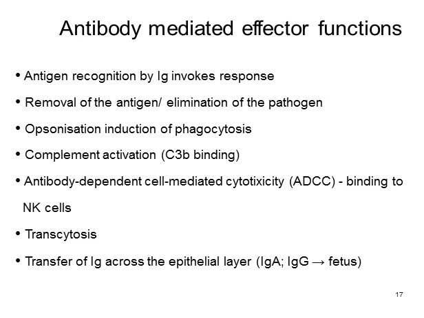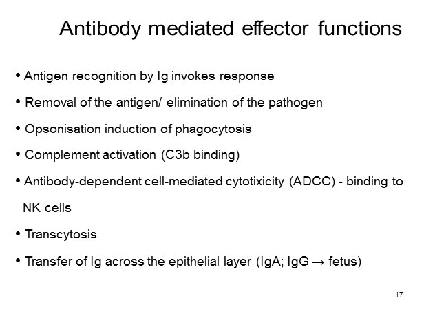Antibodies have several effector functions mediated by antibodies and antigens. Once the antigen recognition by the antibody, the immunoglobulin, occurs, that invokes the immune response. The ultimate aim is to remove the antigen or eliminate the pathogen. Antibodies can do this in several ways. First is opsonization inducing phagocytosis, complement activation by C3b fragment binding, and antibody-dependent cell-mediated cytotoxicity or ADCC.